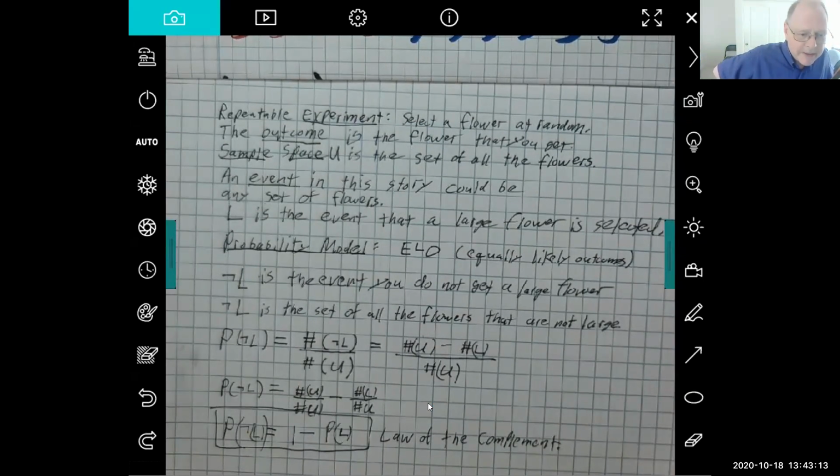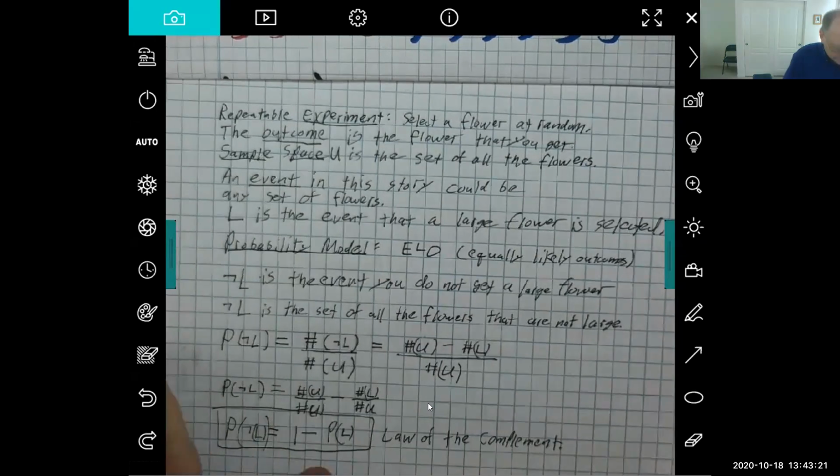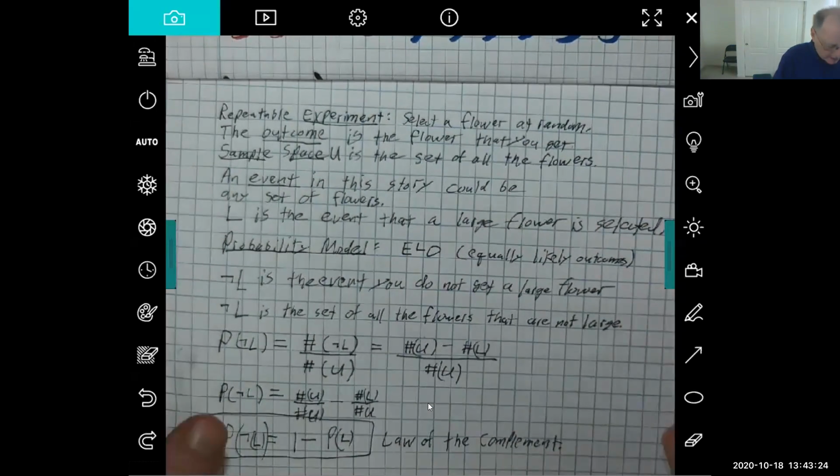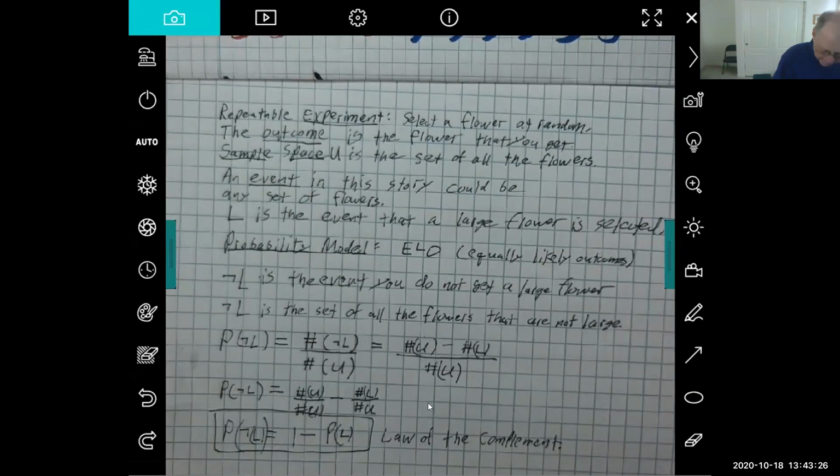So if there was a 60% probability of L, then there's a 40% probability of not L, just 1 minus.